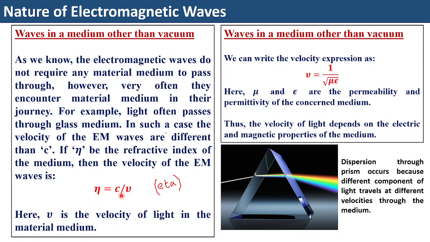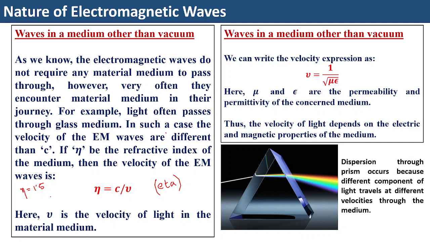Now suppose the electromagnetic wave is passing through glass. For a glass medium, what is eta? The glass medium eta is equal to 1.5. Since this is a refractive index, it is a dimensionless constant. It doesn't have any dimension.